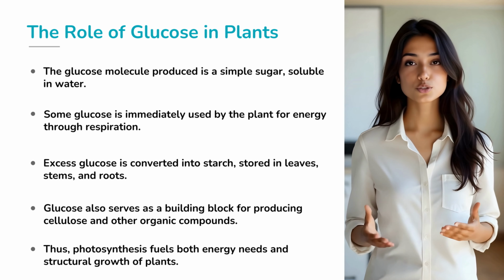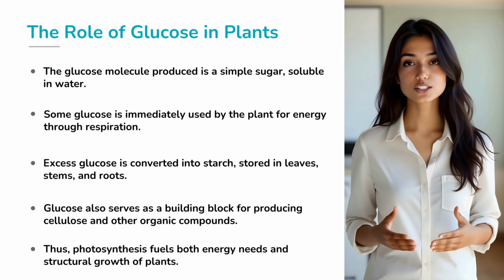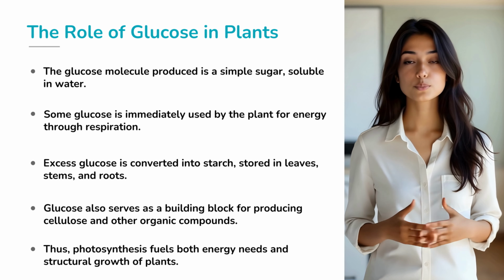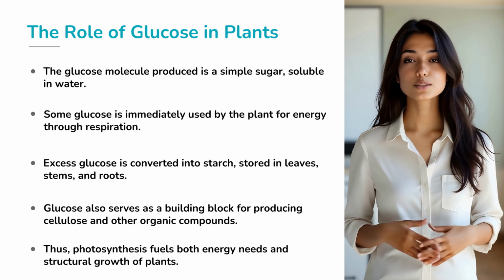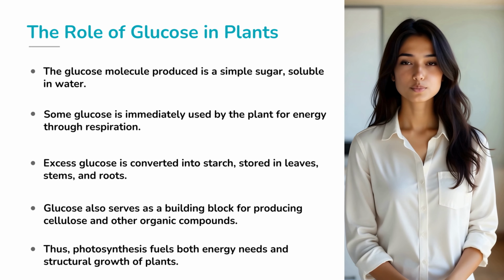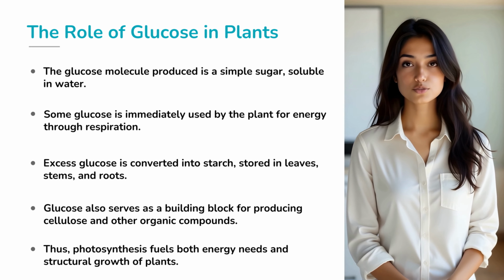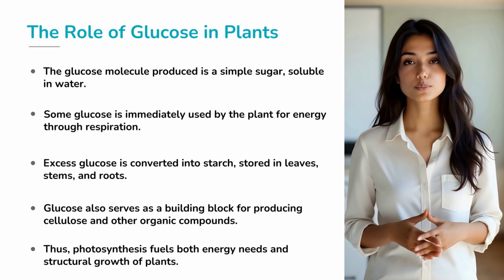So what happens to the glucose produced? Glucose is a simple sugar that dissolves easily in water. Plants use some of it immediately to release energy during respiration. But plants are also clever savers. The extra glucose is converted into starch, stored in leaves, stems, or roots.